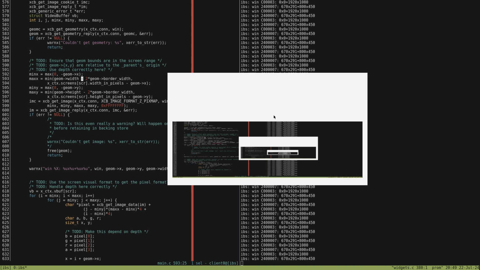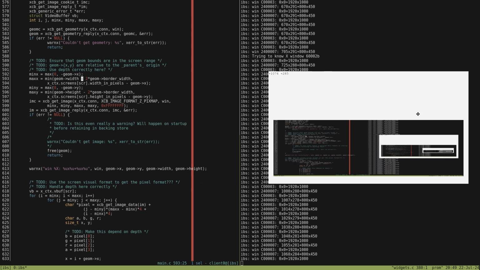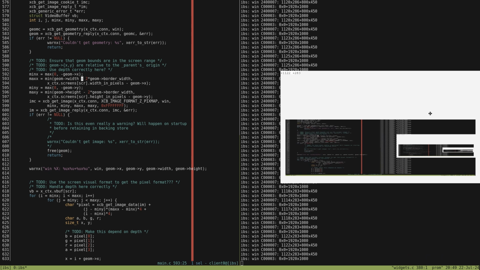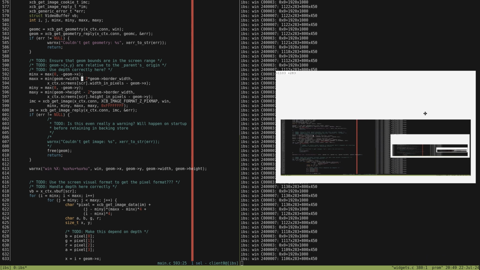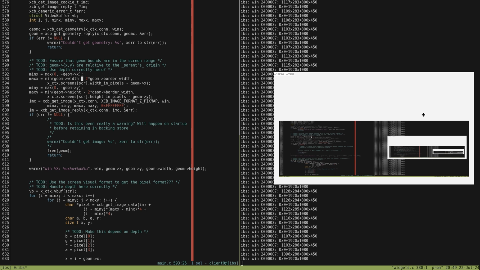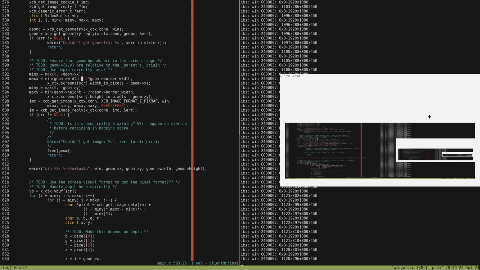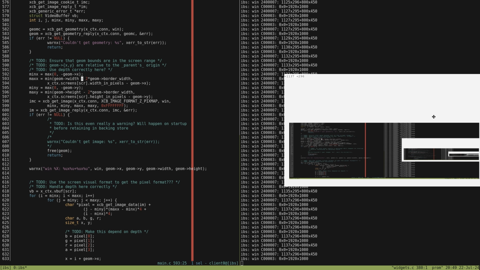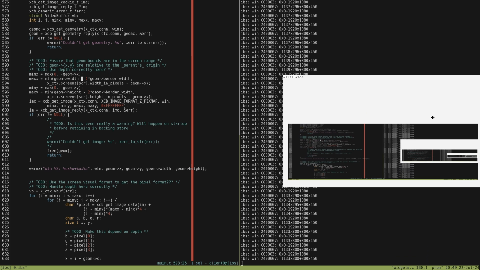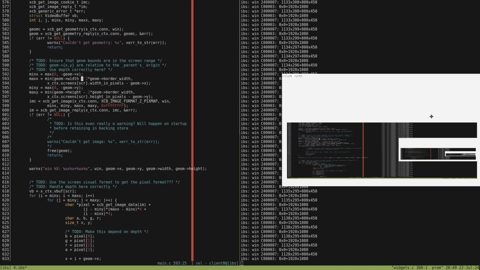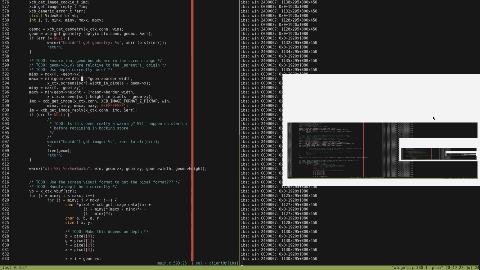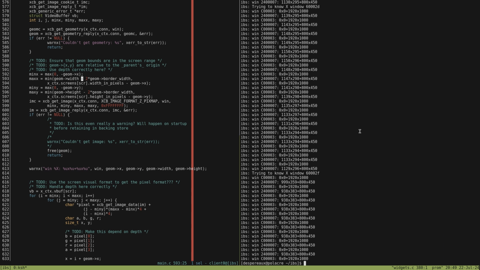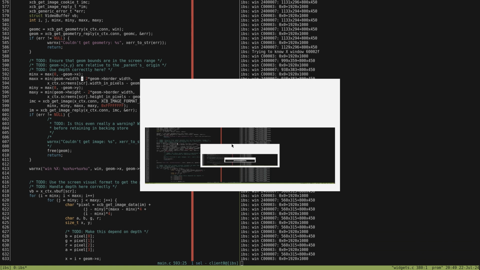But that's hard to tell. So this is the actual window. And I think it's fine. But if we go to one of the, what was that? Oh, right. That's fine.